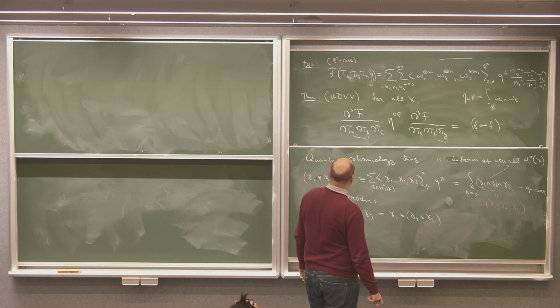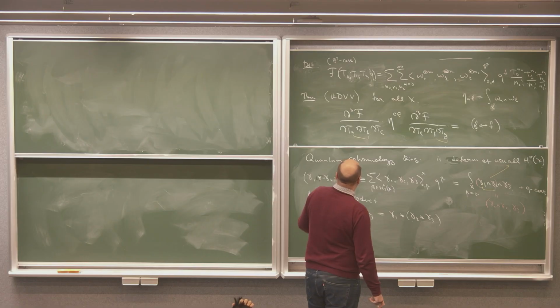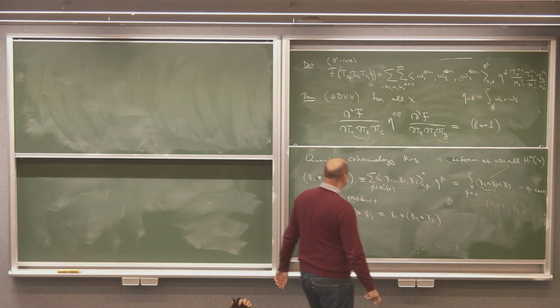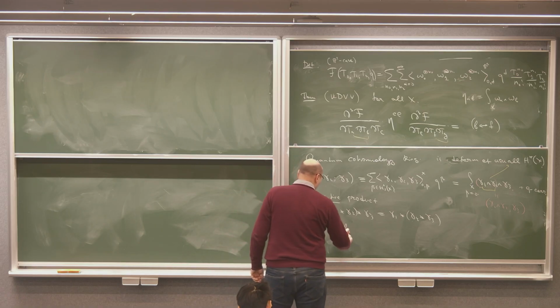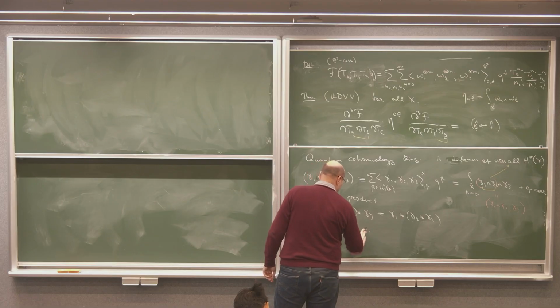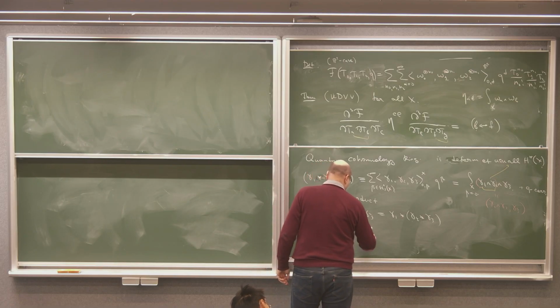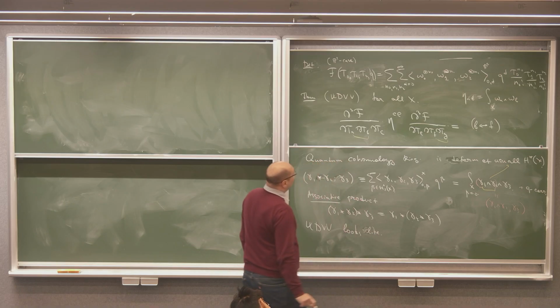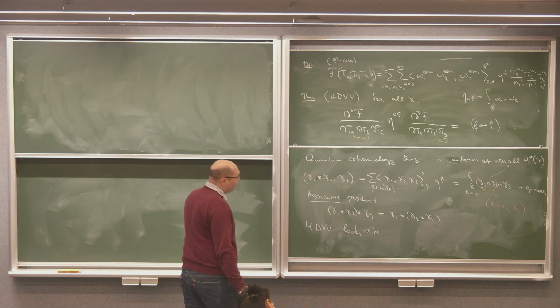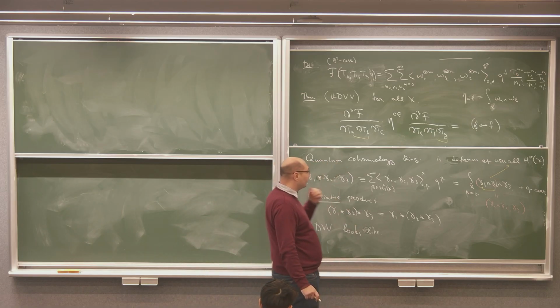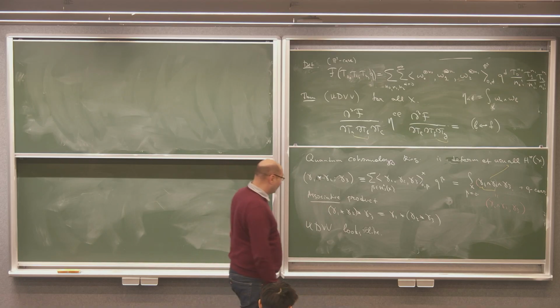So then, this WDVV equation looks like also some kind of quadratic relation. An associativity condition written in terms of structure constants for a product is also a quadratic relation.